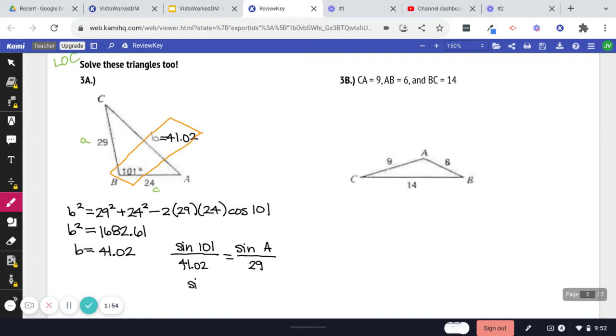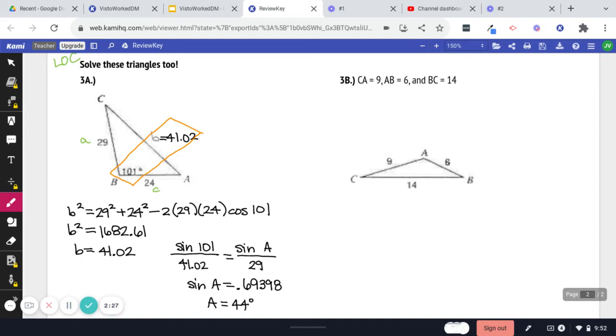And I'm going to get sine A equals 29 times sine 101 divided by 41.02. And then if I sine inverse that, I get 43.9 degrees. I'm just going to say 44.